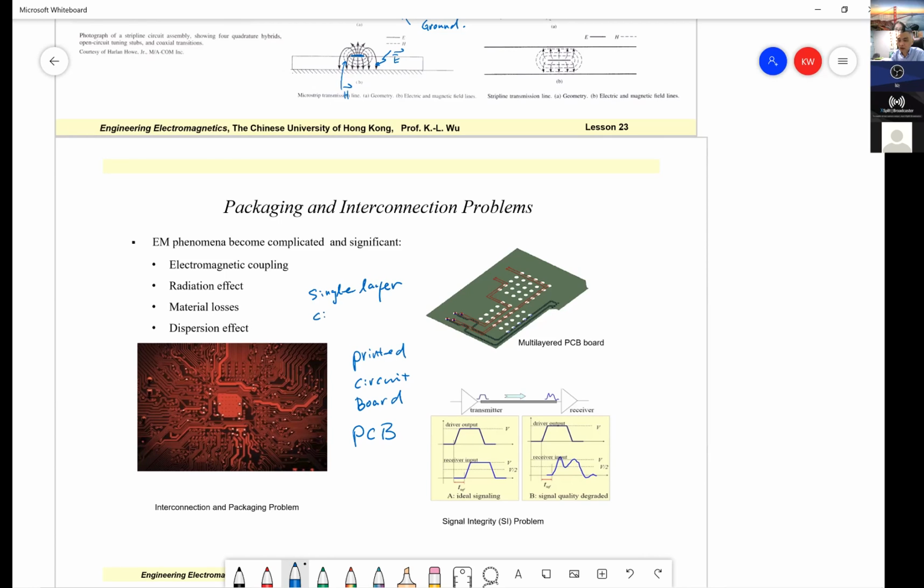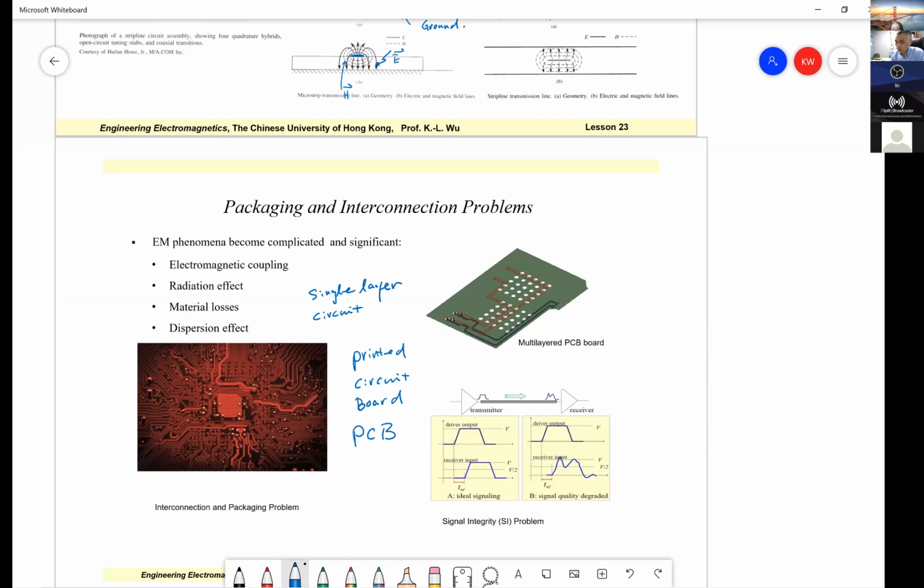If this is a single layer circuit, at other times we are talking about a multi-layer circuit. The multi-layer circuit contains tens of layers. In each layer you have a signal trace, a ground, signal trace, ground. So we stack up and compose a high density packaging circuit.